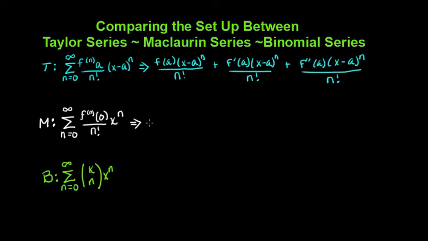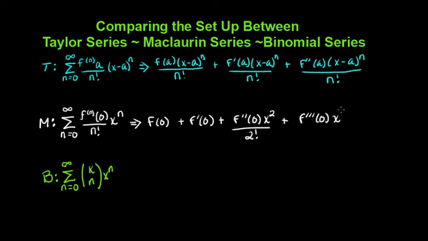For this one, term-wise, it's going to look like f of 0 plus f prime of 0 plus f double prime of 0, and then this is where we add on our x squared, 2 factorial, plus f triple prime of 0, x cubed, 3 factorial, and this will continue on.